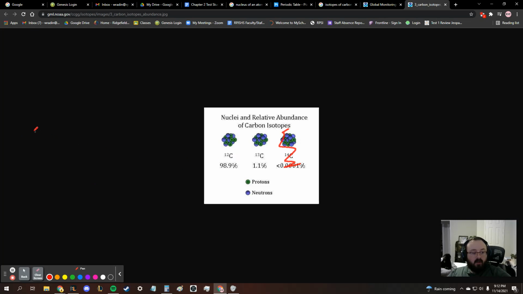So what our calculation would be, we have carbon 12. We're gonna say it has a mass of 12, which it actually does. So the atomic mass, this weighted average, equals 12, which is the mass of carbon 12, times 98.9% in decimal form. To get that, you take 98.9 divided by 100.